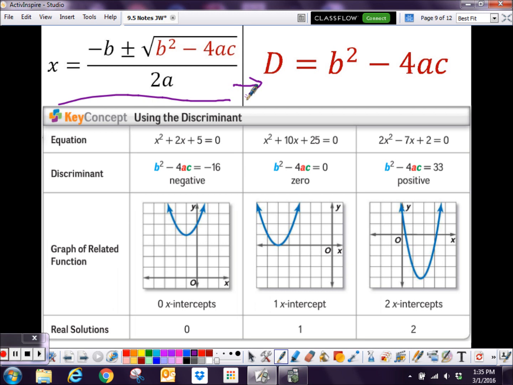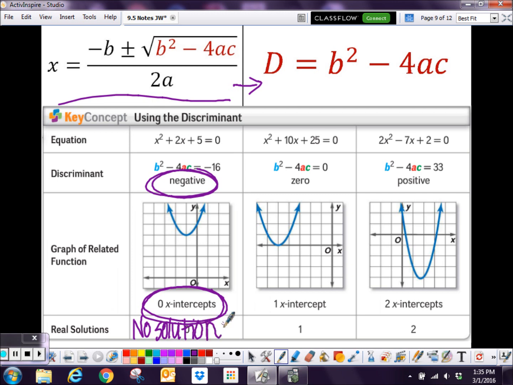Okay? So what you can do here is that discriminant will tell you something. The discriminant can tell you if there aren't any x-intercepts. So if your discriminant ends up being negative, there are no x-intercepts. Which means what? That means there's no solution. So you might want to write that somewhere in that first column.